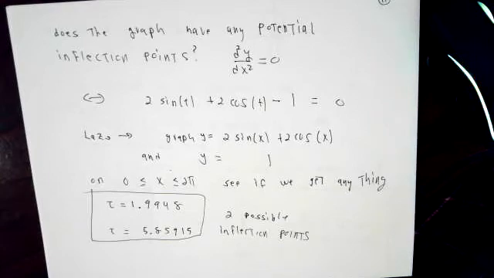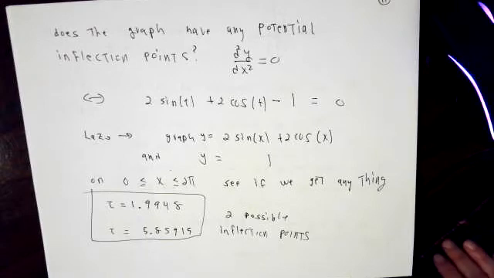Even though I don't know what that graph looks like, I can ask myself, are there any potential points that might be inflection points? Now, an inflection point is a place where the second derivative of y with respect to x is 0 or undefined, and on one side the graph is concave up, and on the other side it's concave down.